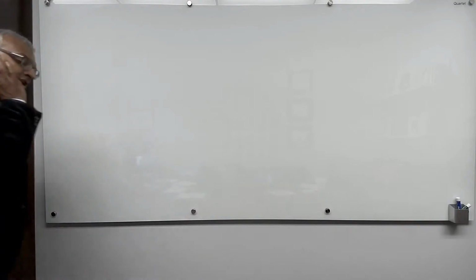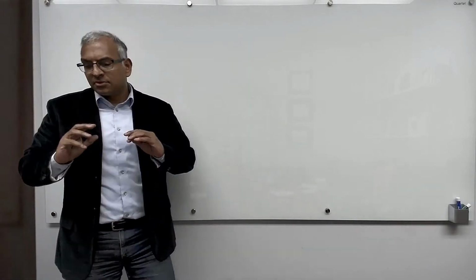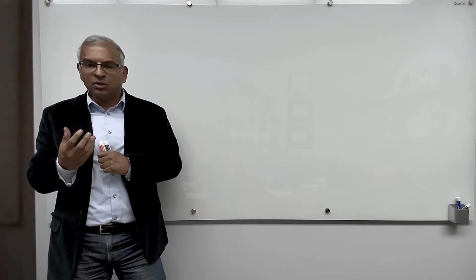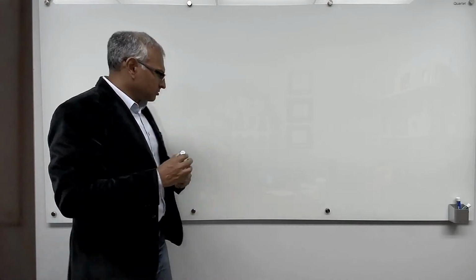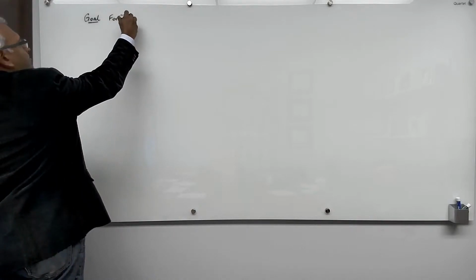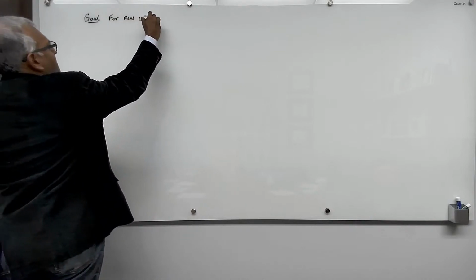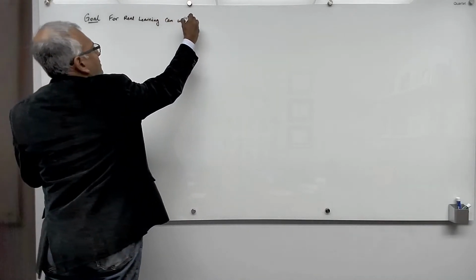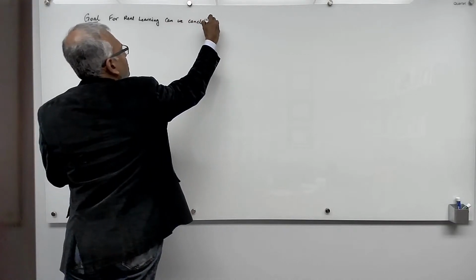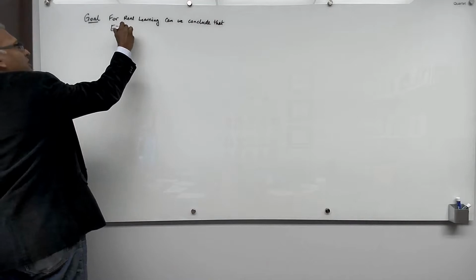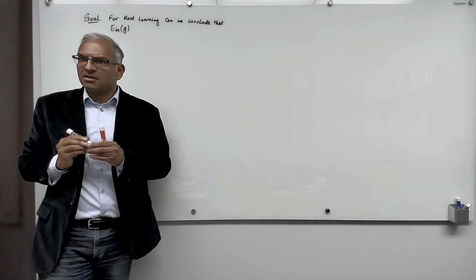Okay, so today's main goal is to see if we can prove a sort of Hoeffding-like inequality for the real learning process. So, the goal for real learning: can we conclude that E_in of g, now remember what g is, g is the guy that results from the learning.